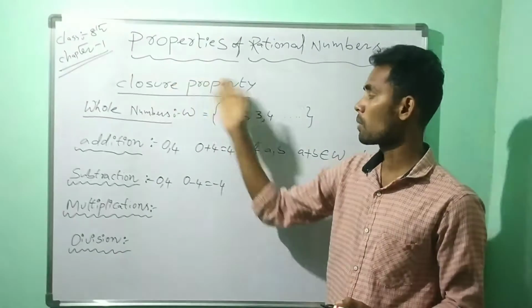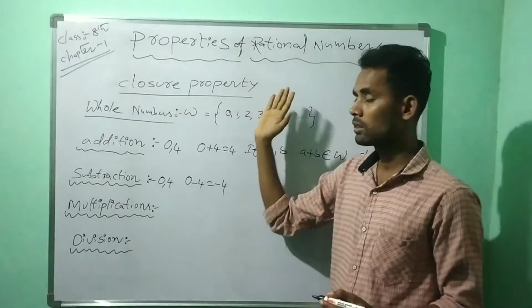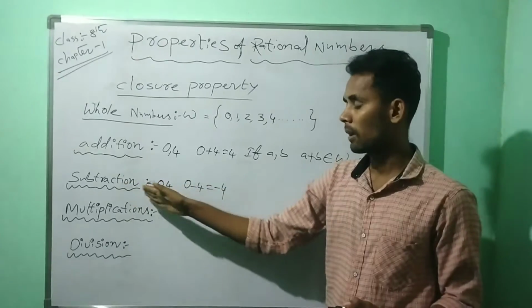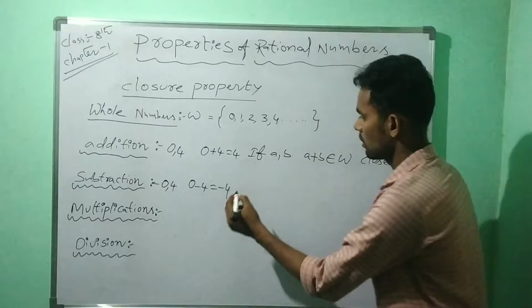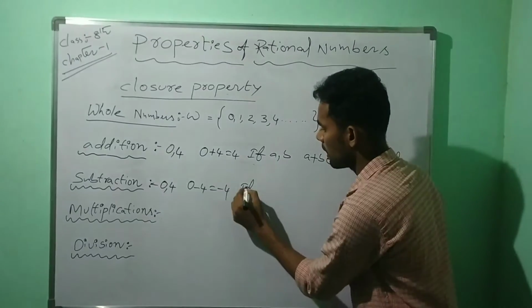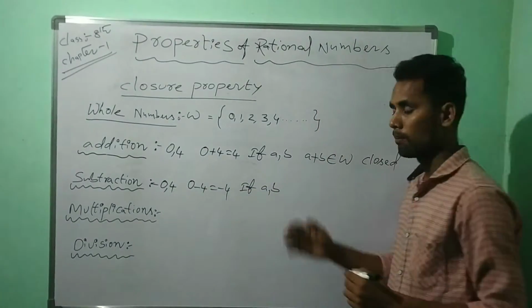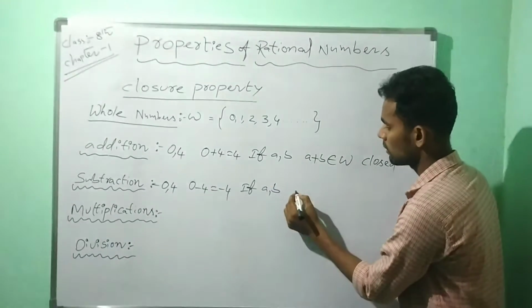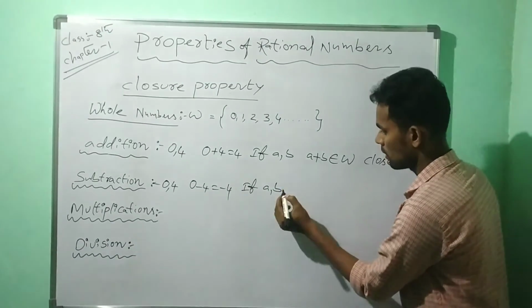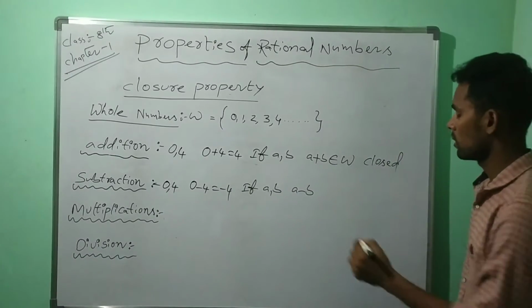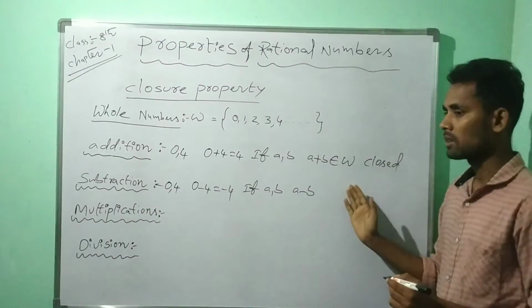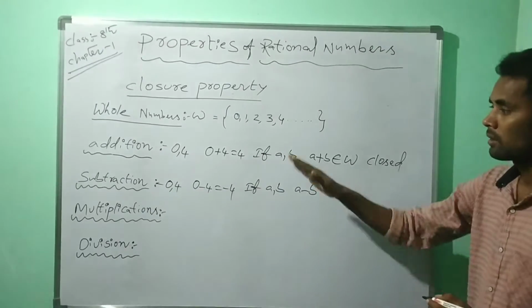So the closure property is not satisfied under subtraction in the set of whole numbers. If A and B are any two whole numbers, then the difference A minus B is not a whole number. So whole numbers are not closed under subtraction.